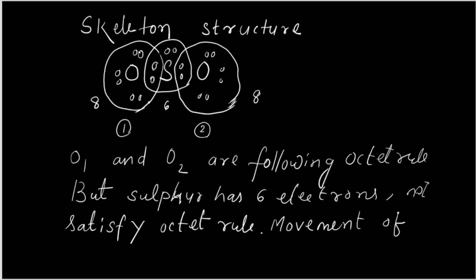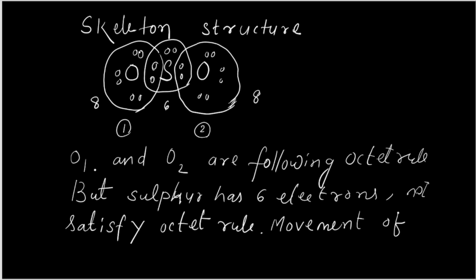Then what to do? See here, orbital overlapping takes place and this is a pair of electrons which forms a bond. And this is the pair of electrons of sulfur and oxygen, it also forms a bond. Now on the left side, oxygen number 1 forms a bond having a pair of electrons, and on the right side, oxygen 2 and sulfur also form a bond having a pair of electrons.